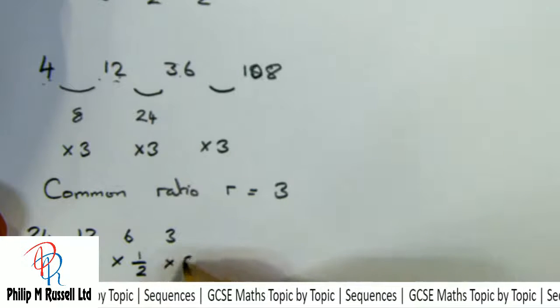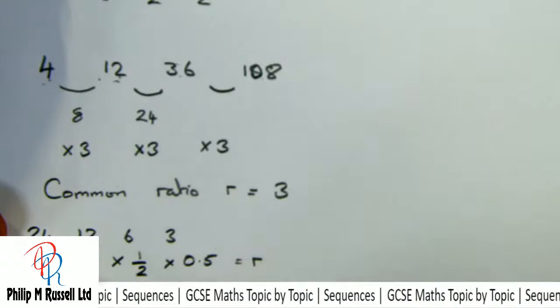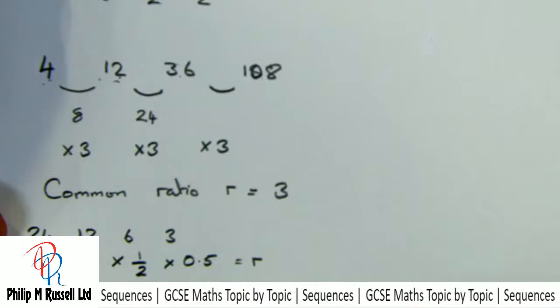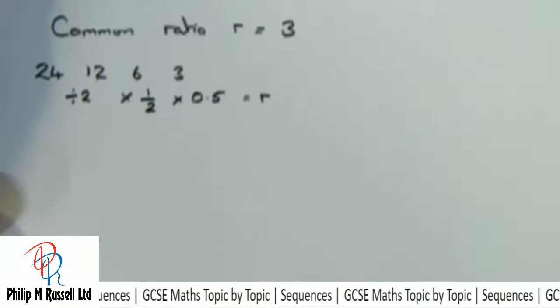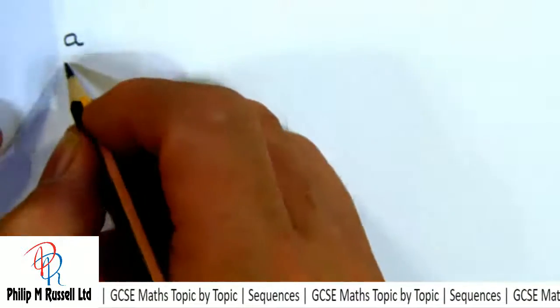Or perhaps even 0.5. So our common ratio is going to be a half. How do we do one of these geometric sequences? Well, we have, first of all, our first number.